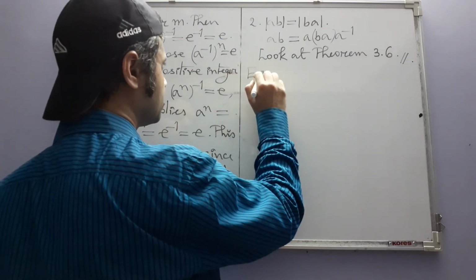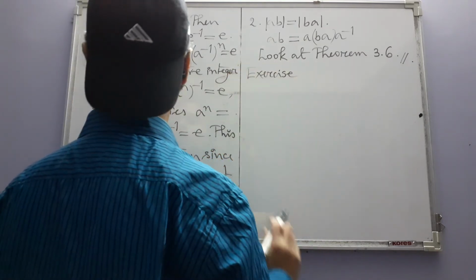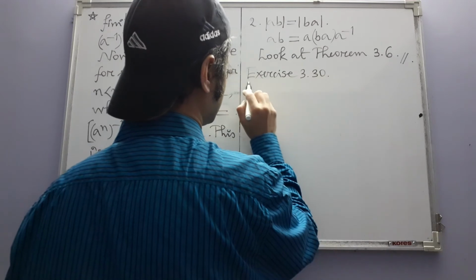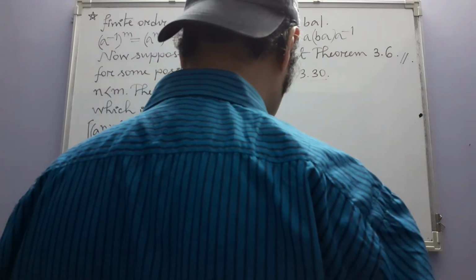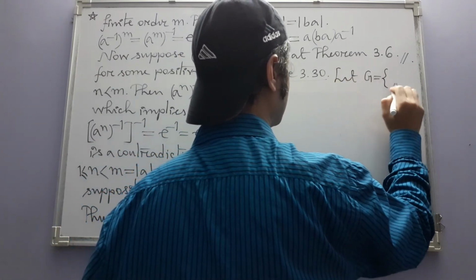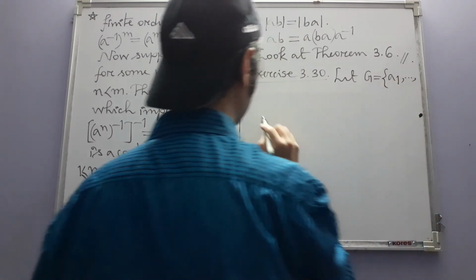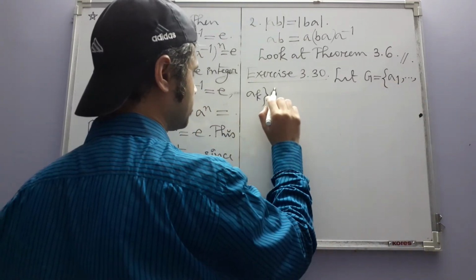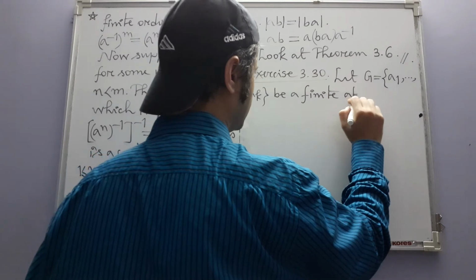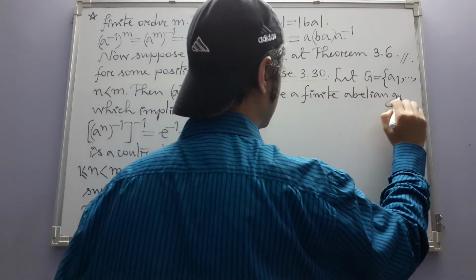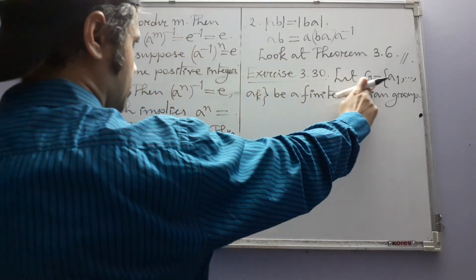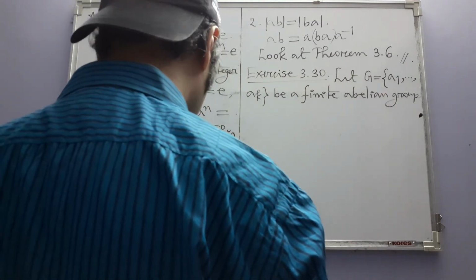Next, let G be a finite abelian group. It is finite, we can see from this description of G, but it is also abelian.